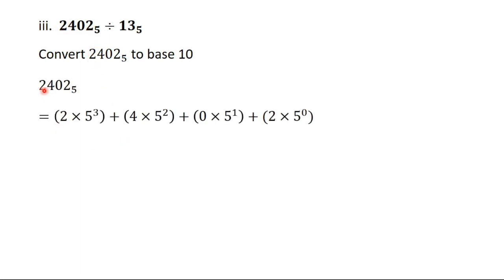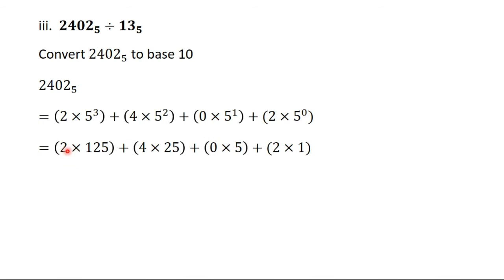So in converting it, we know that you multiply each digit with the base. So 2 times 5, 4 times 5, 0 times 5, then 2 times 5. You order them, so 0, 1, 2, 3. We've done a lot of this, so you should be conversant with this process by now.